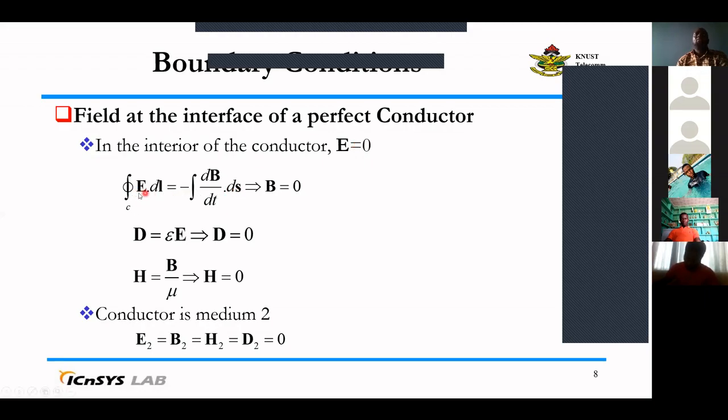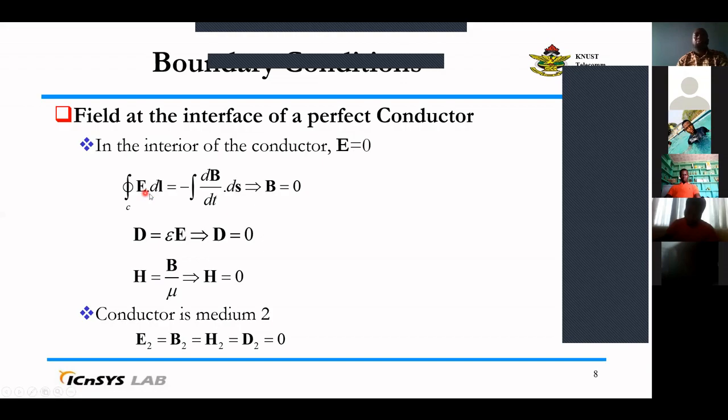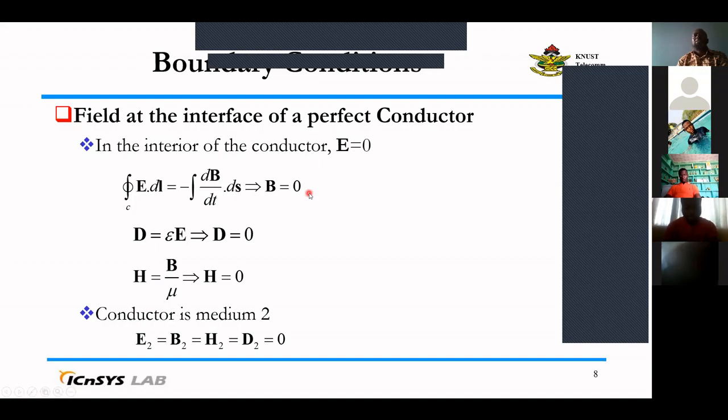If E is zero, you remember from Faraday's law of the Maxwell equations, the integral of E dl equals the negative integral of del B del t times dS. So if E equals zero, then B here will also be equal to zero. So in the interior of the conductor, B also equals zero. And then D equals epsilon E, but E equals zero.